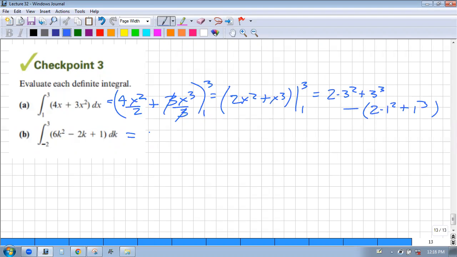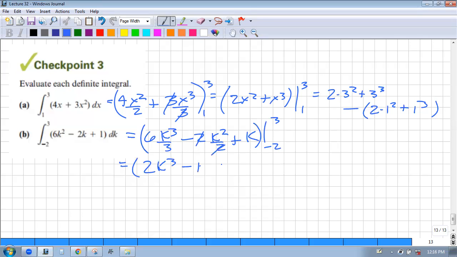All right, so this one, pull the 6 out. The integral of k squared would be k cubed over 3. Pull this 2 out. The integral of k is k squared over 2. The integral of 1 is k, right? And we want this evaluated from -2 to 3. So we could simplify this. 6 over 3 is 2. Evaluated from -2 to 3. So first we plug in the 3.